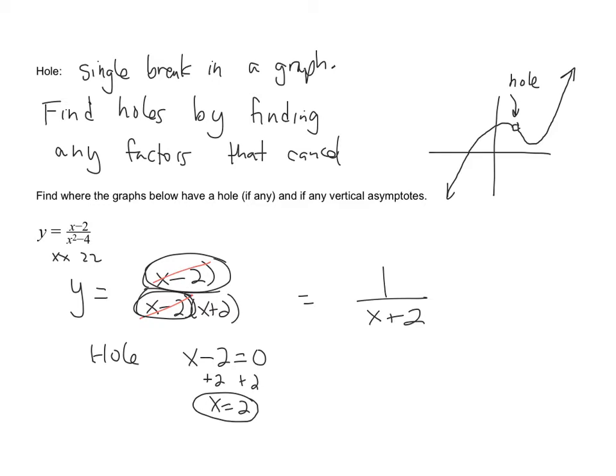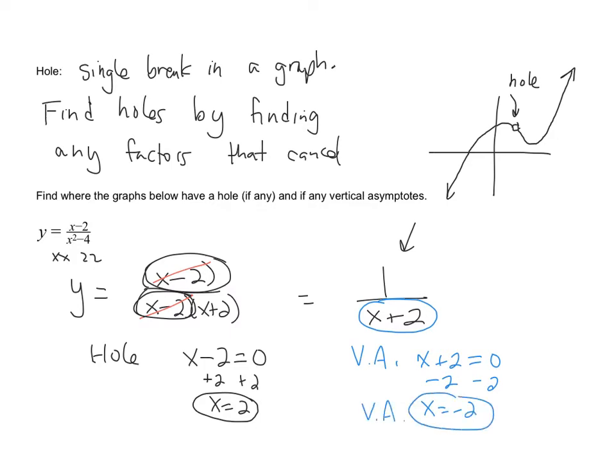Now, since this is our simplified version, we can look at the bottom of that, and just like we did previously, this will find our vertical asymptote. But it's important to make sure you cancel out, like we did. So x plus 2, subtract 2 from both sides, so x equals negative 2. So this has a vertical asymptote at x equal negative 2, and it has a hole at x equal 2.